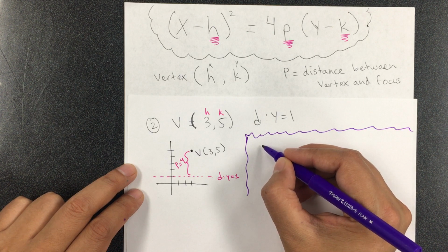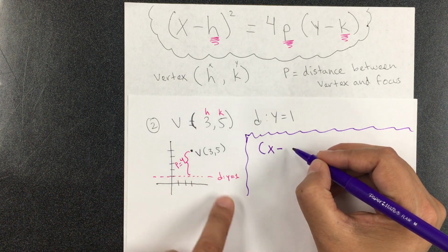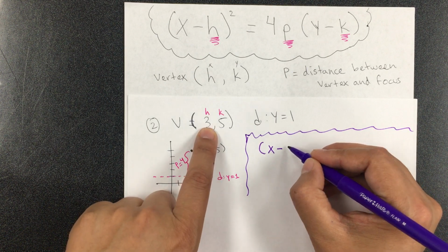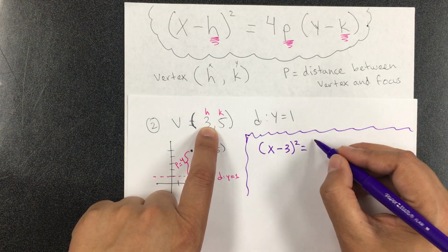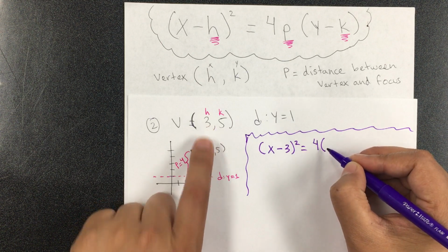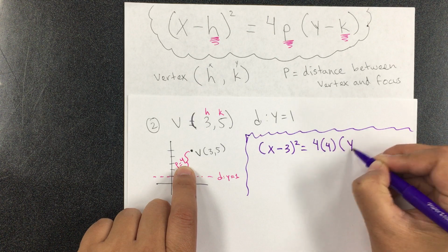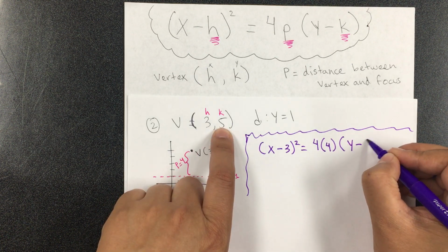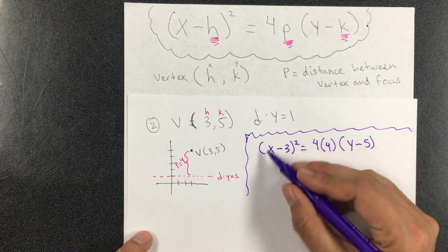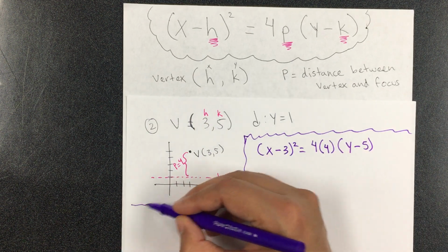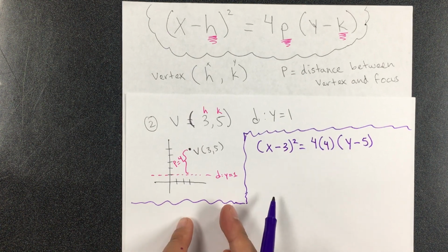So we have (x minus h), which is 3, squared, equals 4 times p, which is 4 in this case, times (y minus k), which is 5. Okay, and you can do the work on the side if you want to multiply.